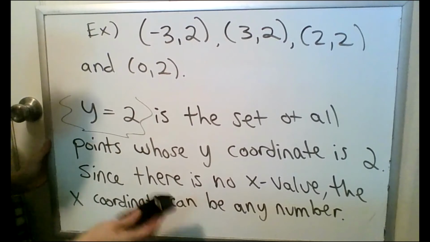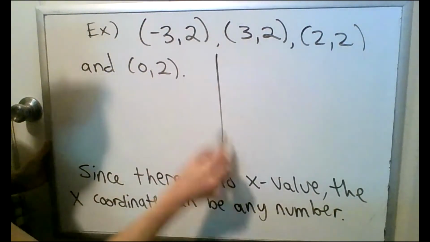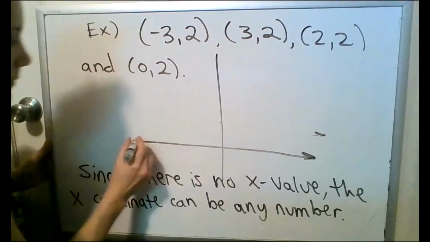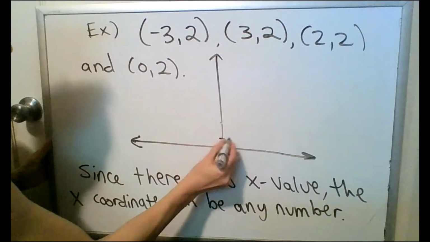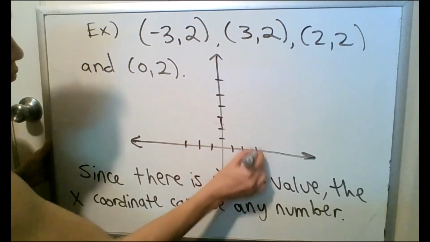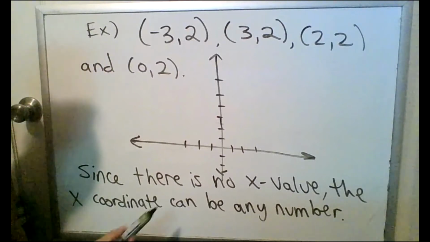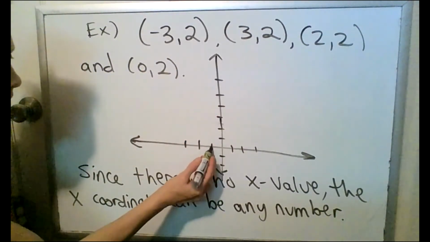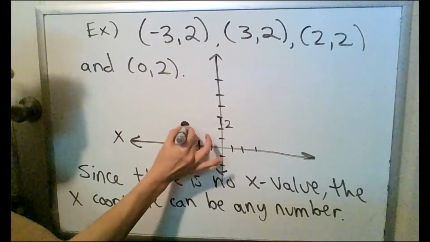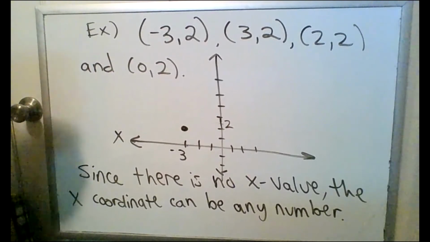All right, sketching a graph. Starting with the first point, -3 for x, and up 2 for y. 3, up 2.